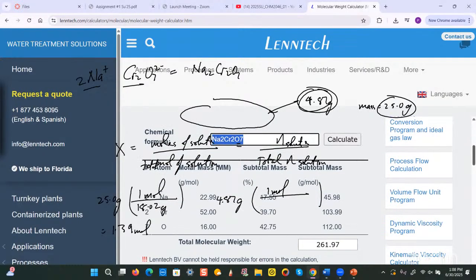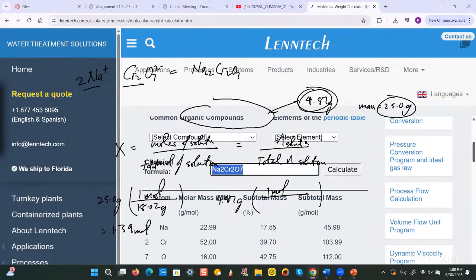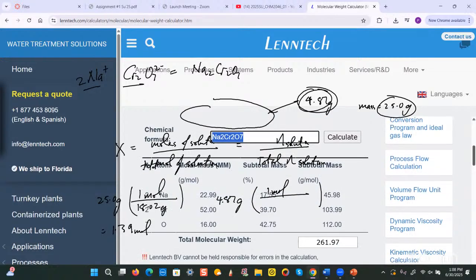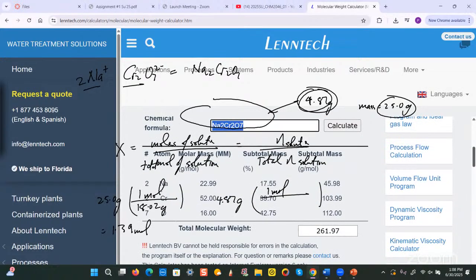And let's see. So according to my trusty calculator here, molar mass is 261.97. I'm going to write that down here. 261.97 grams. All right. So going back to the assignment.